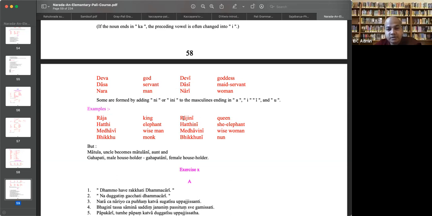This is one of the words meaning queen, but there are other words. For example, Rani is also queen. So by adding ni or ini to the masculine nouns, masculines ending in a, e, and u.